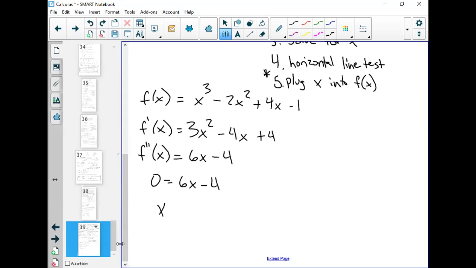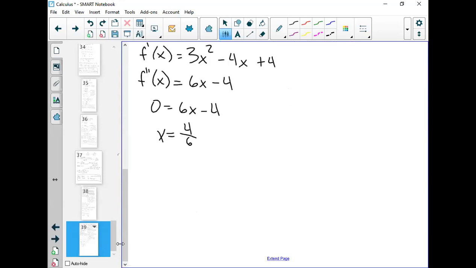We're going to solve for x. Simplify it if you want. And then we're going to put that x value, there's only one solution, so we only have one thing to test, on a horizontal line test. So the inflection point is going to be at x equals 2 over 3. Okay.